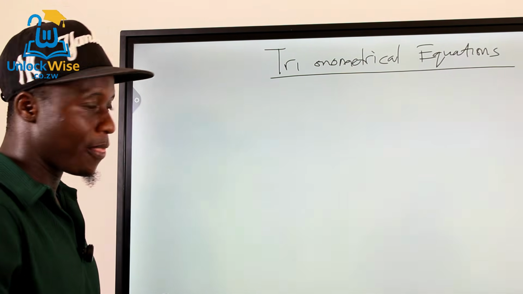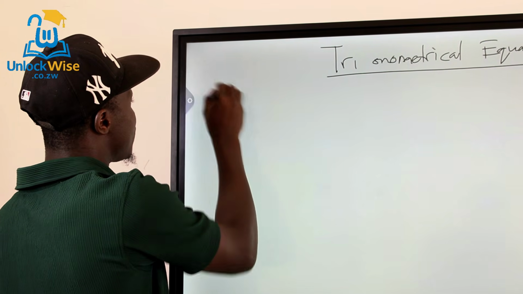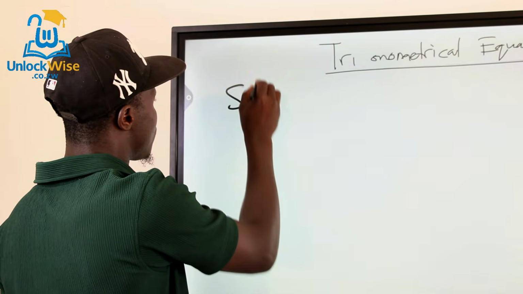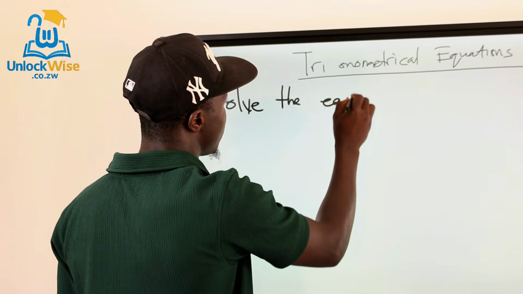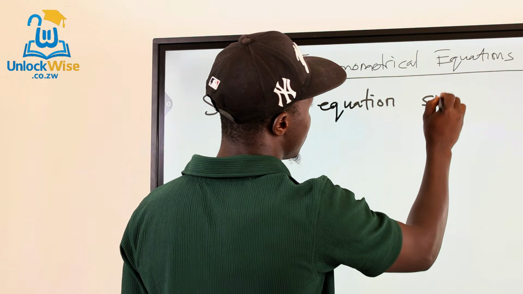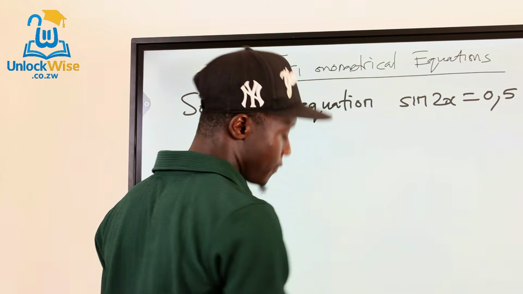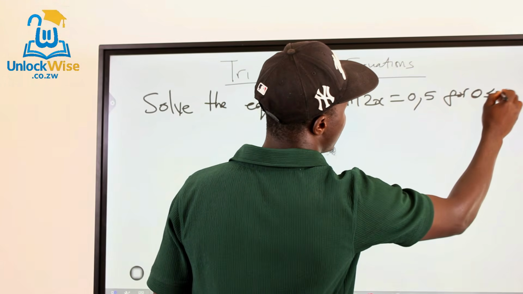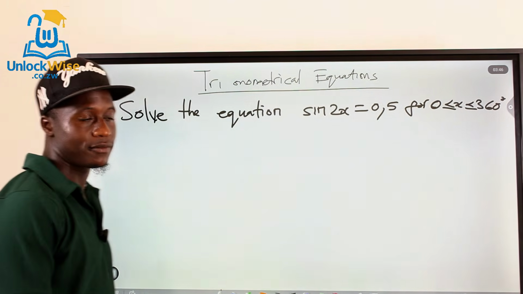Okay, so I'll start by answering the question: solve the equation sine 2x is equal to 0,5, for 0 is less than or equal to x less than or equal to 360 degrees.